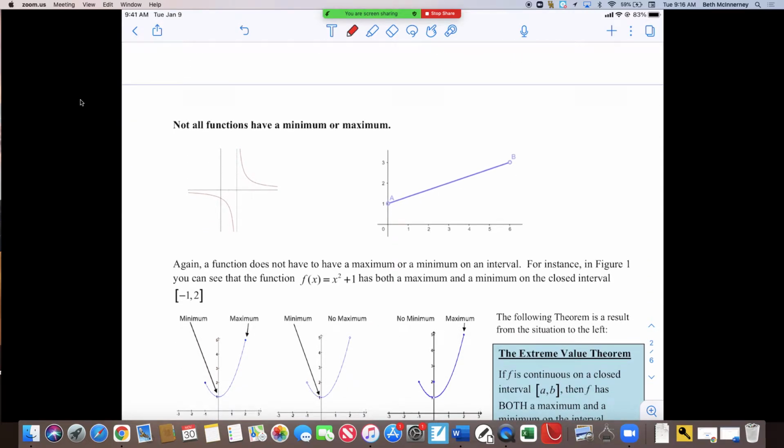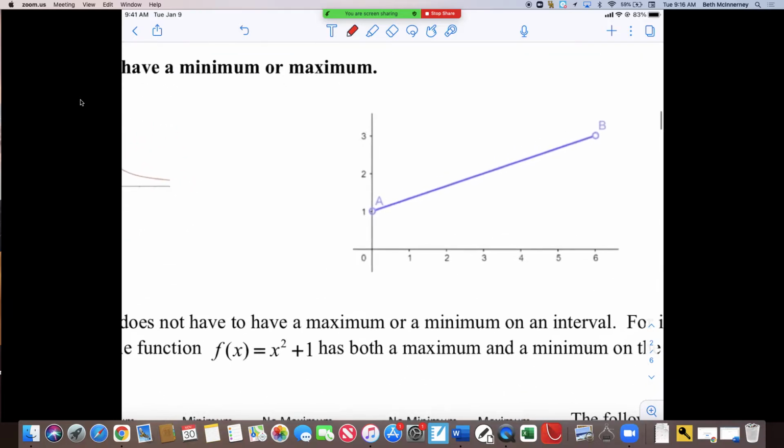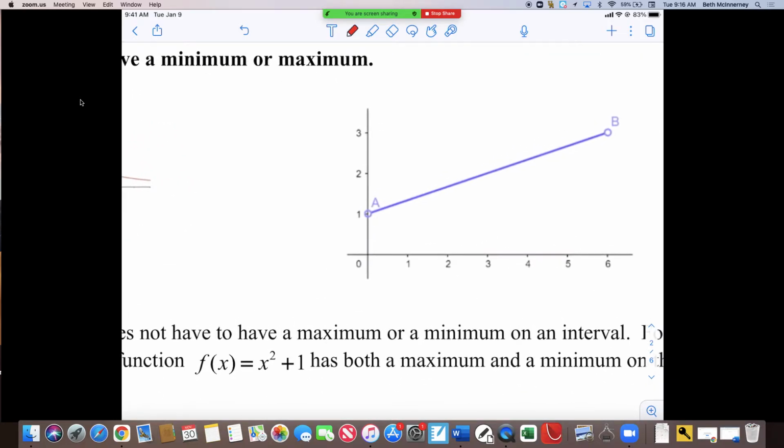Not all functions have a minimum or a maximum. If you look at the graph on the left, do you see there's a vertical asymptote there, and then it's shooting up to infinity or down to negative infinity? So there's no minimum or maximum, no relative, no absolute. In the graph on the right, do you see that those are actually open circles on the endpoints? Think about our limits.